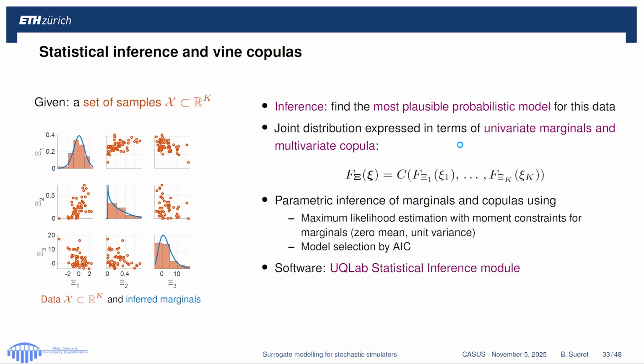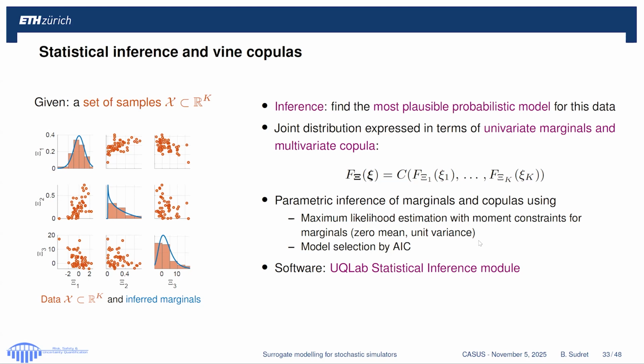Here we have more information, because we know that each of these psi separately, each marginal, must have zero mean and unit variance, because they come from this Karhunen-Loève decomposition. So we can do the usual inference for the marginals, but adding some constraints because we know that they should fulfill them.